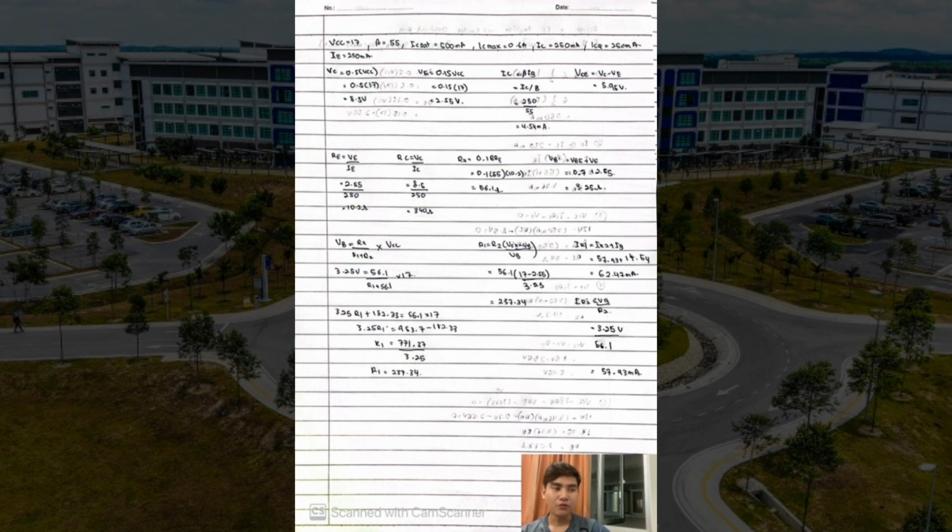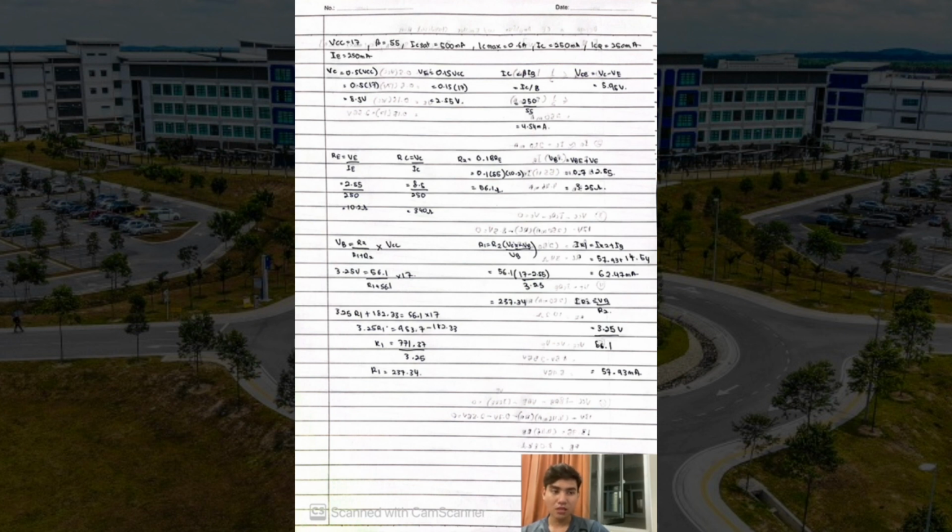So we have to arrange it into one equation, and we get R1 is 771.37 over 3.25. So the R1 is 237.34.